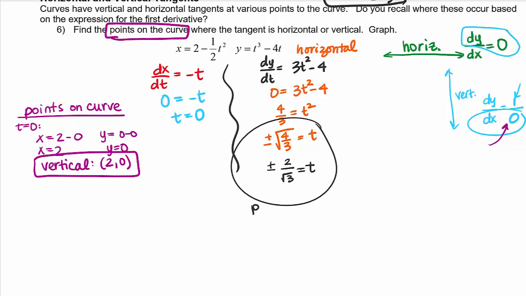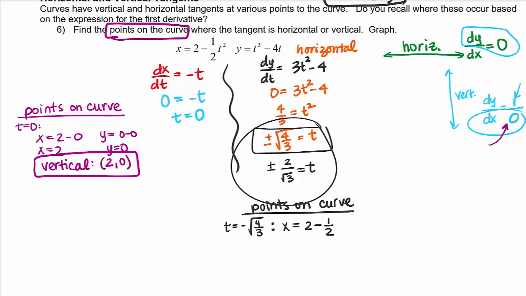So now if I want to find points on the curve, and if I want to keep them exact, keeping plus or minus square root of 4/3 might just be easier. It's up to you. So I have t equals negative square root of 4/3 first. So x equals 2 minus a half times this negative square root of 4/3 squared.